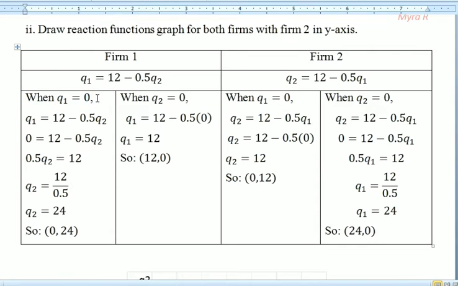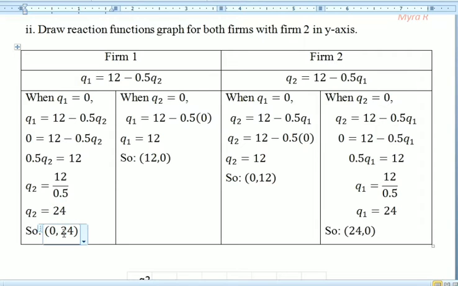So 0 equals 12 minus 0.5Q2. We bring 0.5Q2 to the left, so 0.5Q2 equals 12. Q2 is the subject, so we divide by 0.5. So 12 divided by 0.5, we get 24. So the coordinate will become (0, 24).